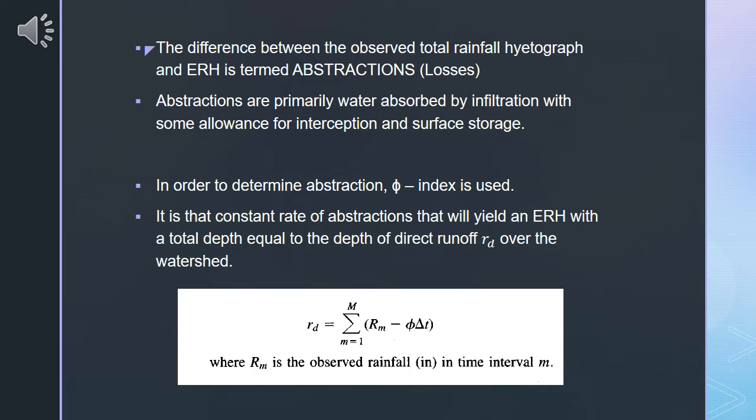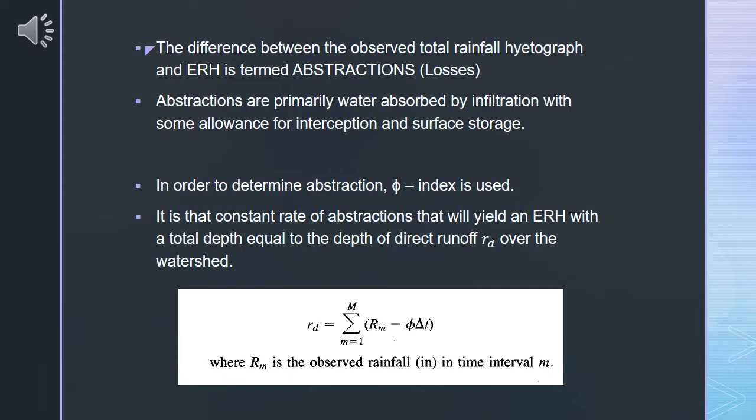In order to determine abstractions, the phi index is used. The phi index is that constant rate of abstractions that will yield an excess rainfall hydrograph with a total depth equal to the depth of direct runoff, represented by R_D, over the watershed, which is the catchment.